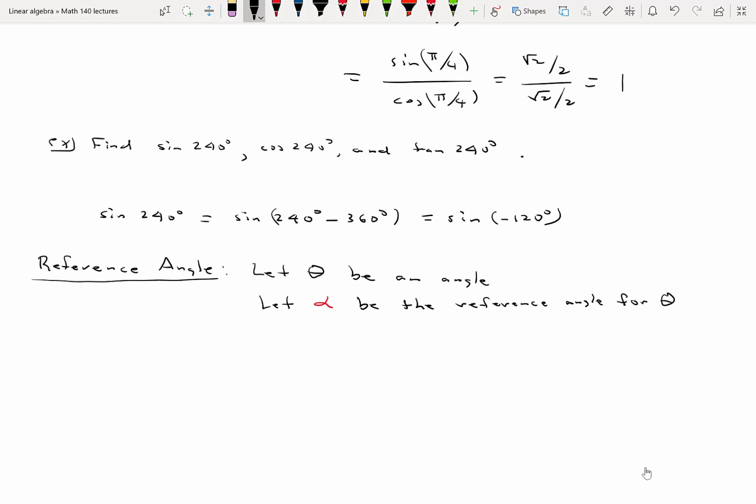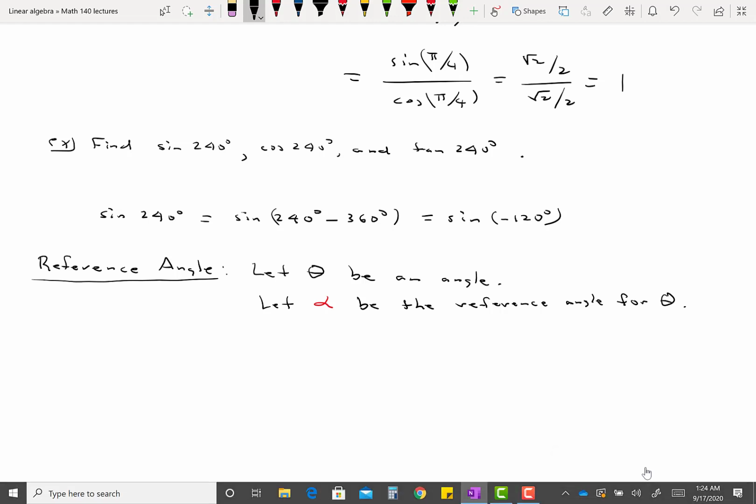So what I was about to say is not true. Some angles have reference angles, some don't. So if theta is an angle that has a reference angle, I want to let alpha be the reference angle. I'm going to draw 5 angles just so you get a visual, without having to look at the definition of a reference angle, on what a reference angle looks like. The visual gives everything away.